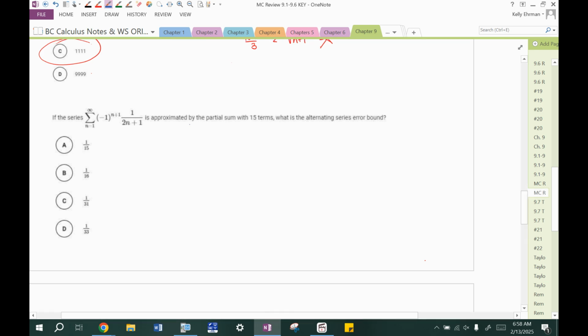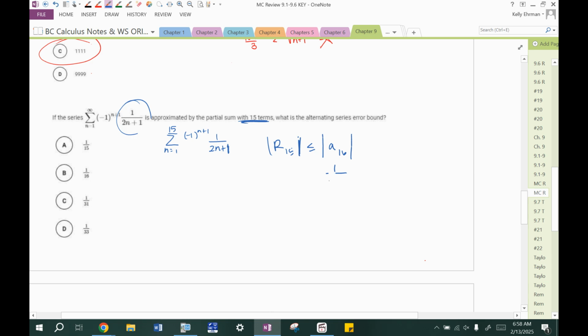If this series is approximated by a partial sum with 15 terms, what is the alternating series bound? Remember, the error of 15 terms is less than or equal to the 16th term. So all we have to do is plug in 16 into the series, as an absolute value.